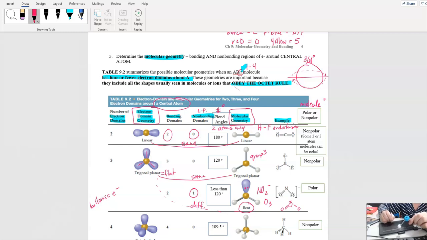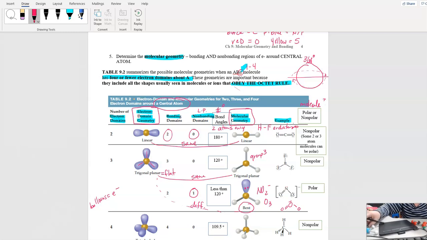So any of these two examples would have, right here, as you see, a bent shape. And it looks like it's bent too. I mean, it doesn't even look like it's linear. I can't even stretch it out to make it look like it's linear. So that right there is a bent shape. So far, this would work. Everything would still get your octet rule met.